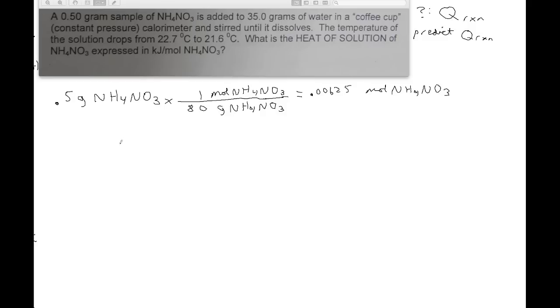And we have a mass, so you can say Q for the solution is equal to mc delta T, where m is 35 grams times 4.184 times change in temperature, which is 21.6 minus 22.7. That's negative 1.1.